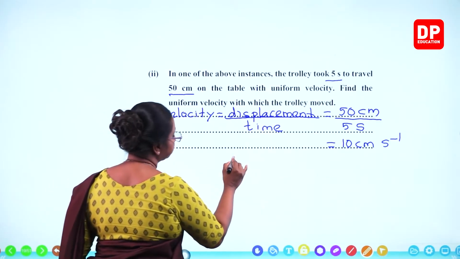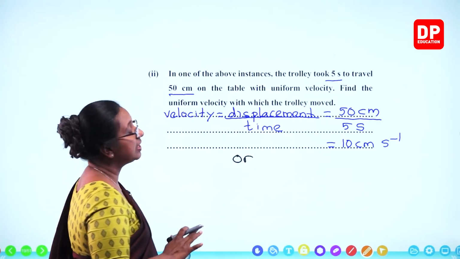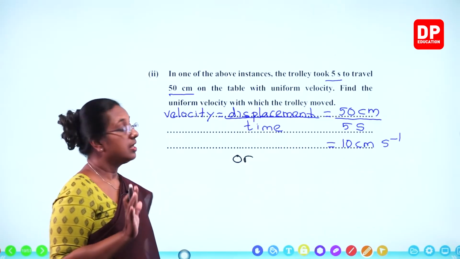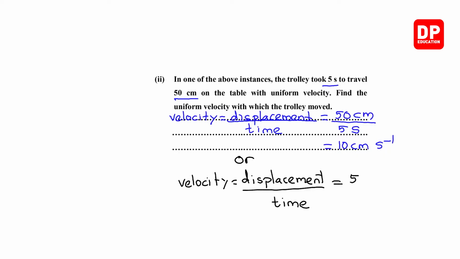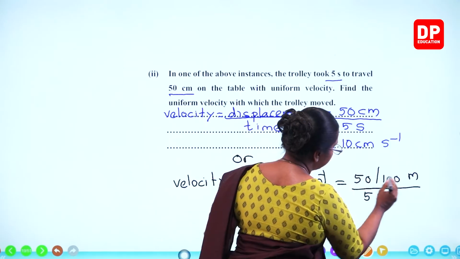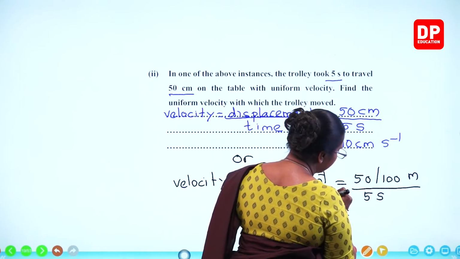Or else you can convert this to the standard unit. Then you do the same thing. You need to write the equation. Velocity, displacement over time, but here you can divide this by 100, so you get the answer in meters, divided by 5 seconds. So that is going to be 50 divided by 100 divided by 5 seconds.